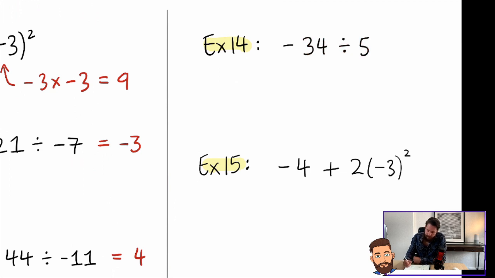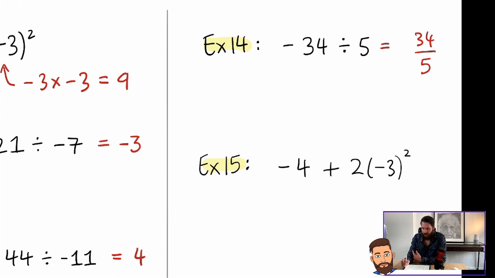We could say that this equals 34 over 5. Because what does over 5 mean? Remember, a fraction means divide. So instead of trying to bus stop this and work it out, we could just leave it as a fraction. Sometimes you might actually need to bus stop because you need your answer to be a decimal.